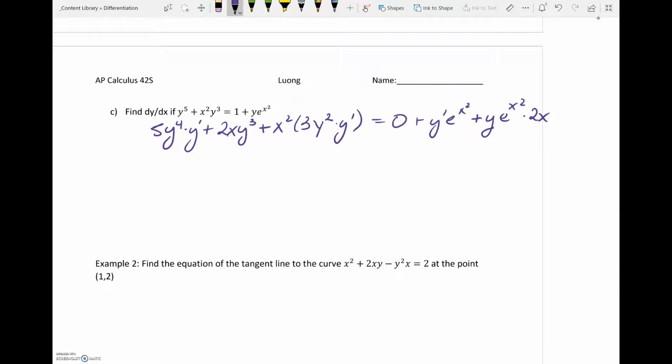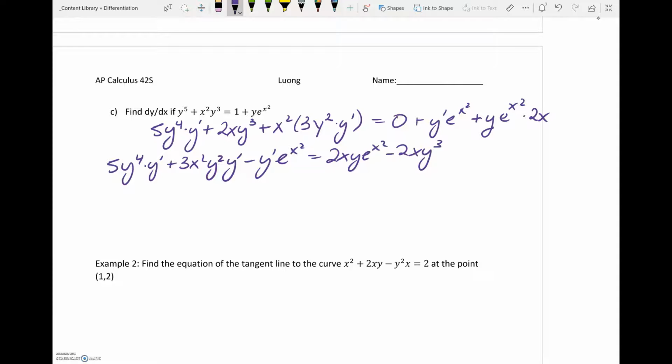Now we want to throw all of our y primes to one side again. Then we want to factor out y prime.